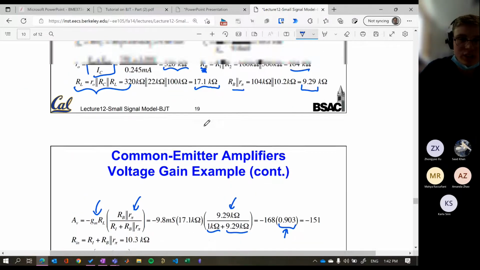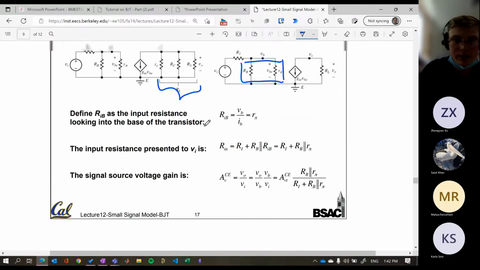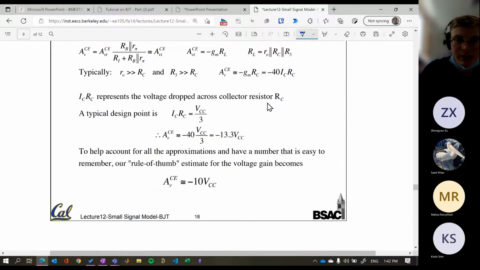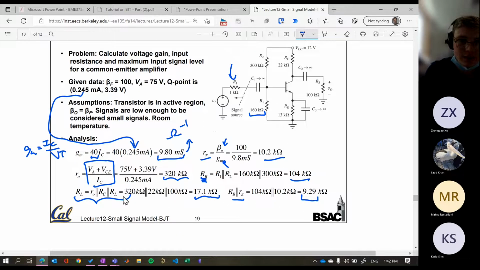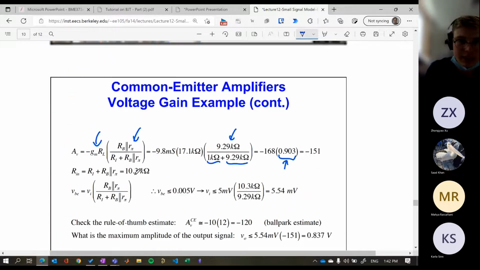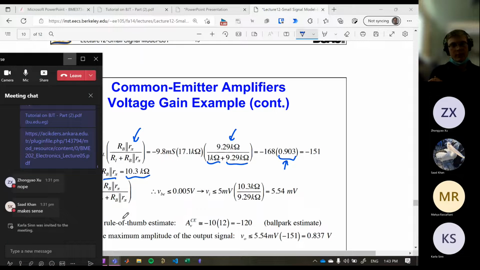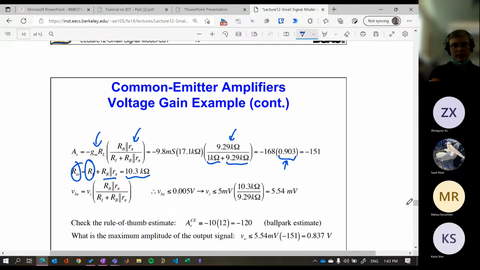Our input voltage, if we come back up to our equivalent circuit, essentially what we're seeing here is just R1 plus that parallel combination. You can see we get Ri plus that parallel combination. We get a certain resistance. You'll often be asked to calculate the input resistance, so it's good to understand the different ways that you might see it.